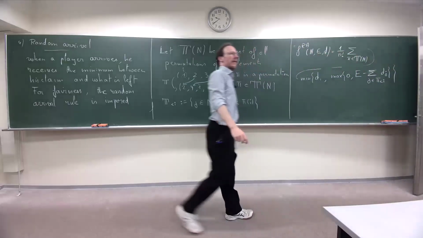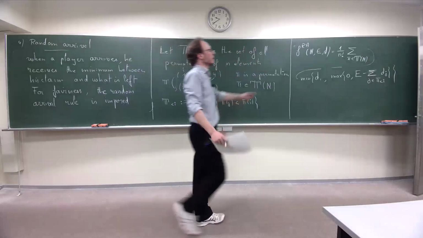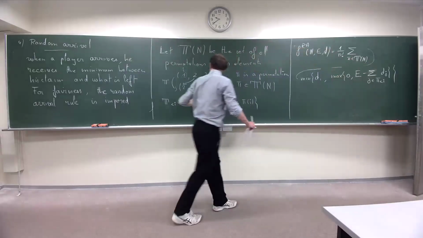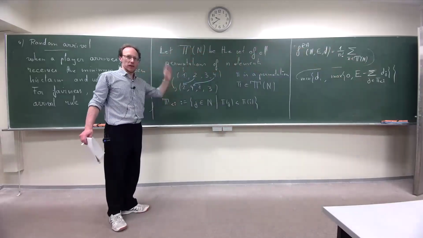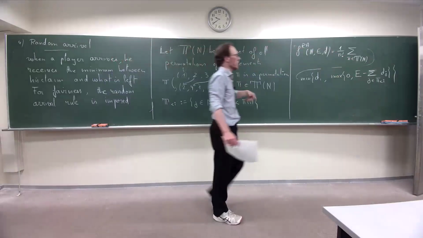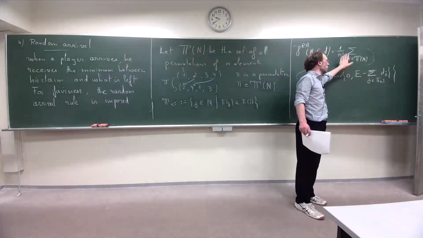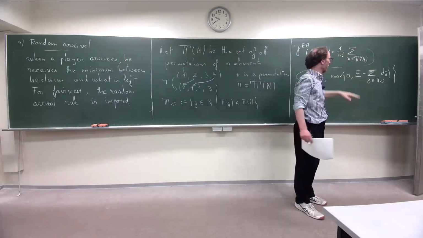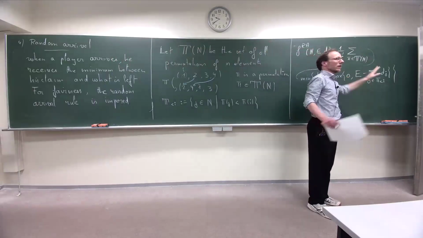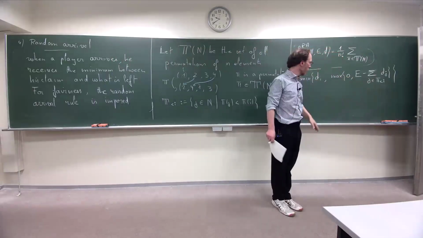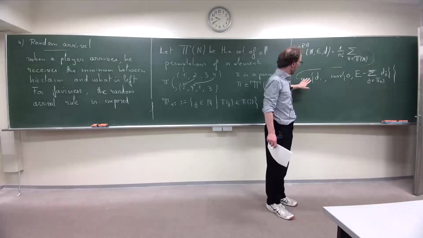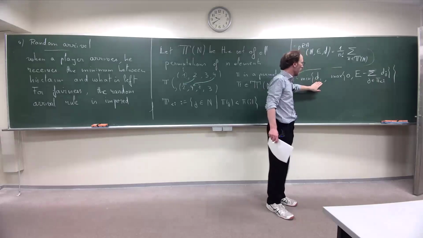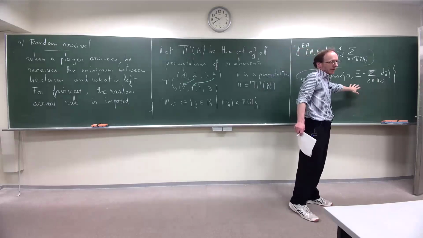Okay, so let's check that it's meaningful. This 1 over n factorial is because altogether we have n factorial permutations. So I do an expectation, I do an average. This n factorial means simply I'm going to sum n factorial terms, so I need to divide by n factorial. And then I take one permutation. So I choose an arbitrary order, and the player i is going to receive the minimum between his claim and what is left.